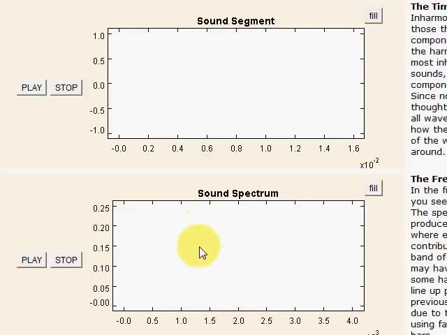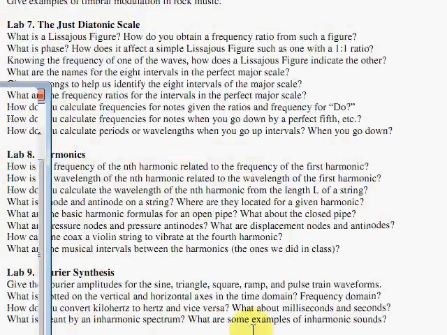But when you have a general wave, it may be more complicated, most of the time as it is, and your inharmonic sounds have all kinds of stuff in between the harmonics. So that takes care of the two domains.